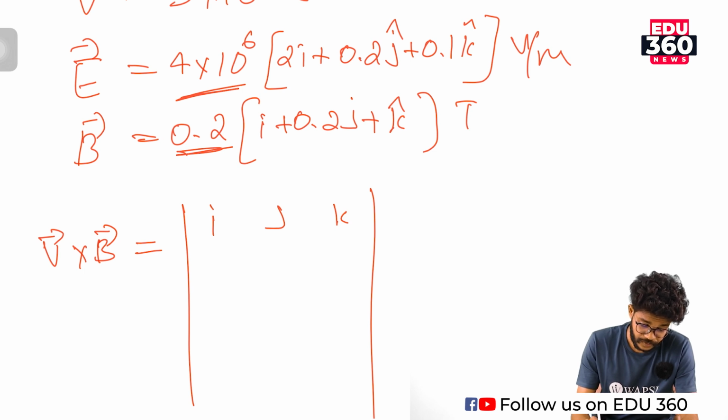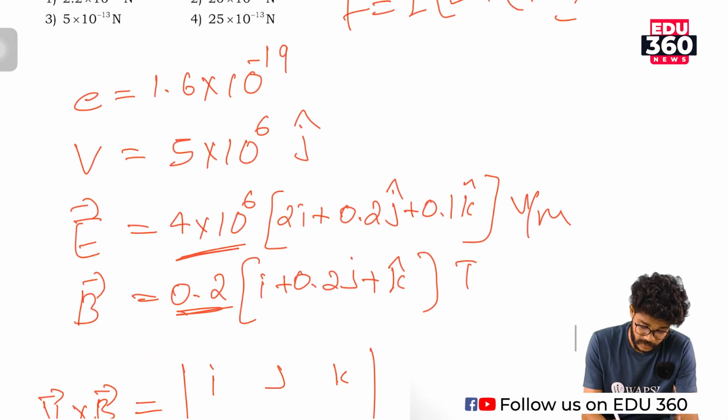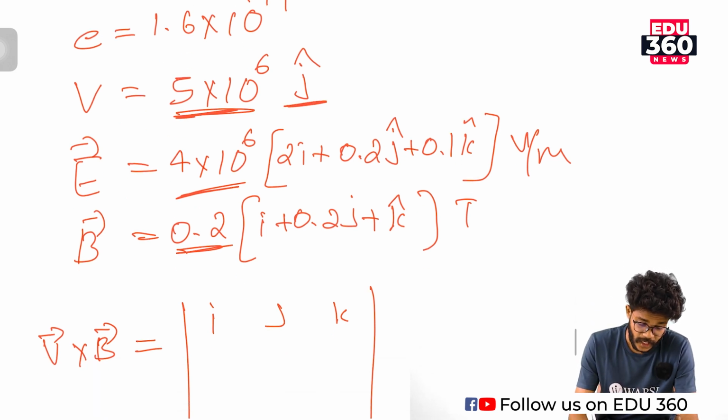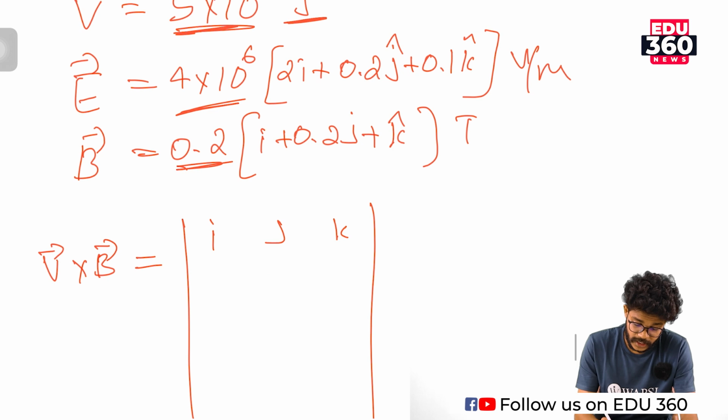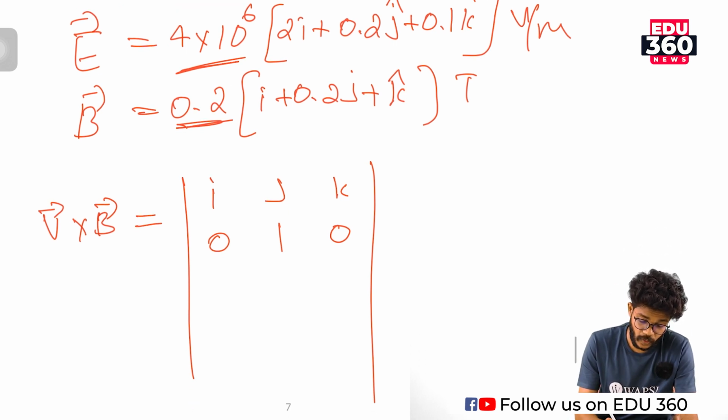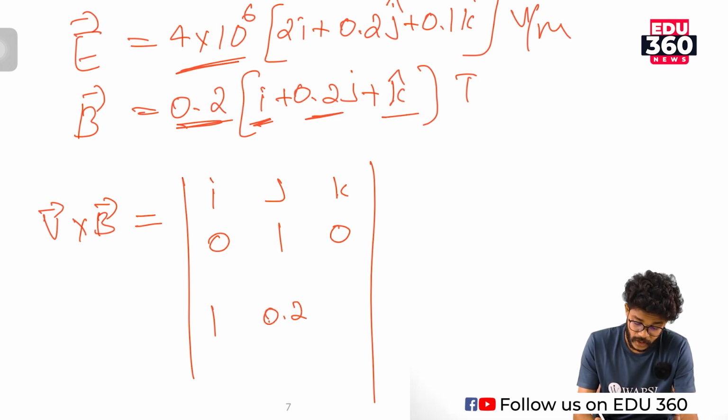For velocity, we can leave the magnitude and only consider j. V is only along j, so 1 for j and 0 for i and 0 for k. B is along i, j, k, where i is 1, j is 0.2, and k is 1.